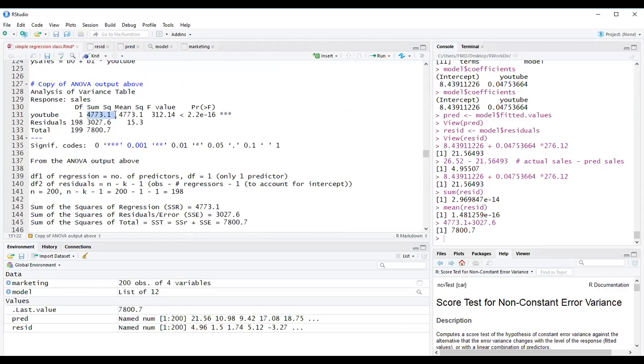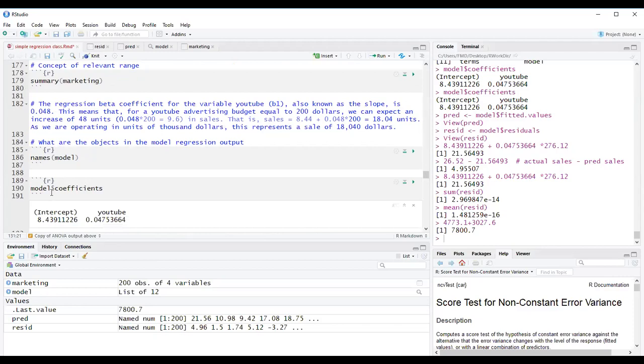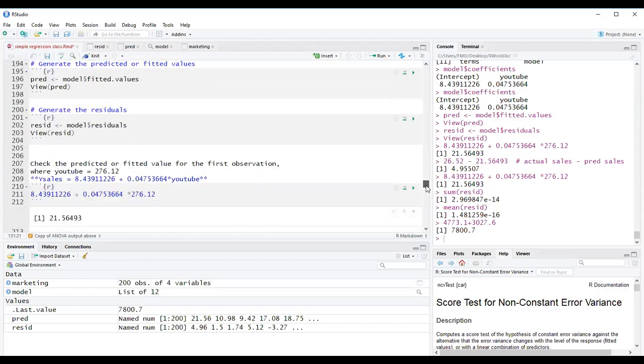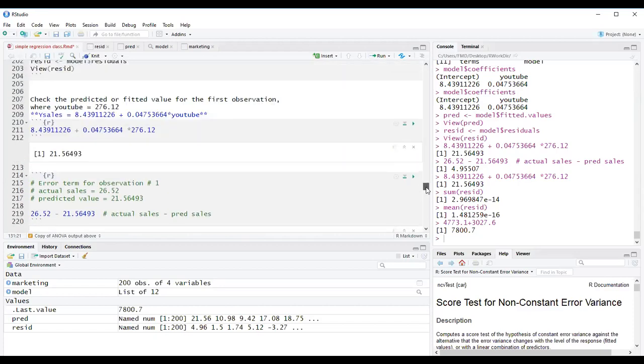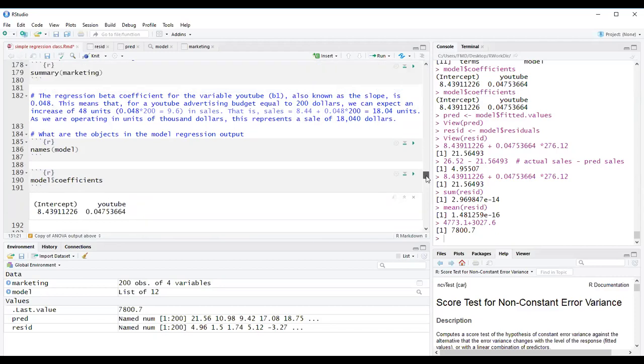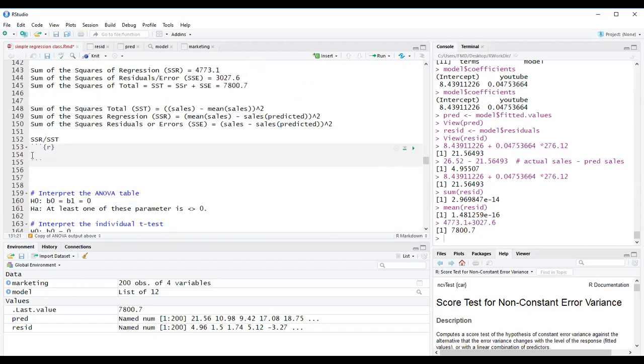Control C. Where is that? Asa na? Ayan, okay.